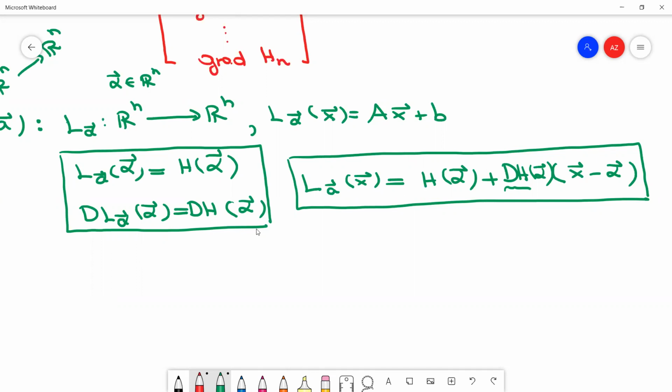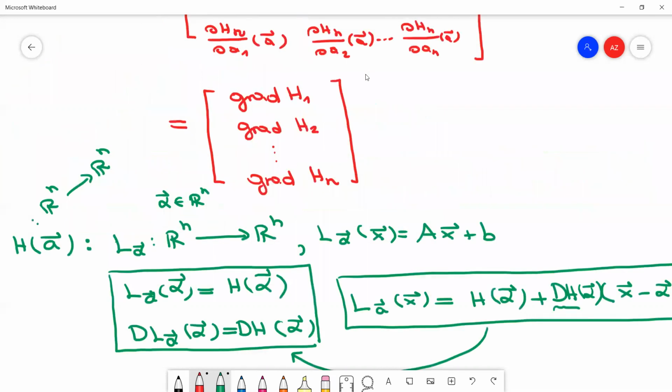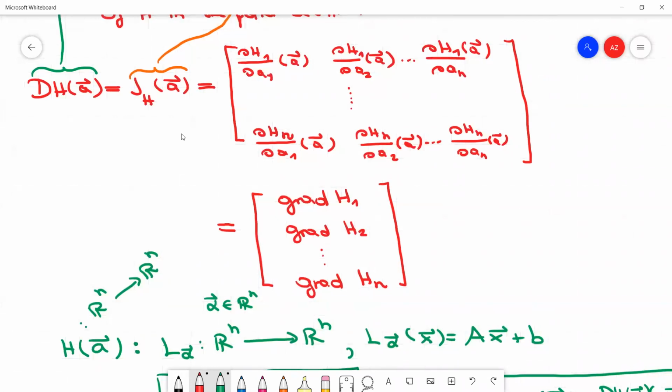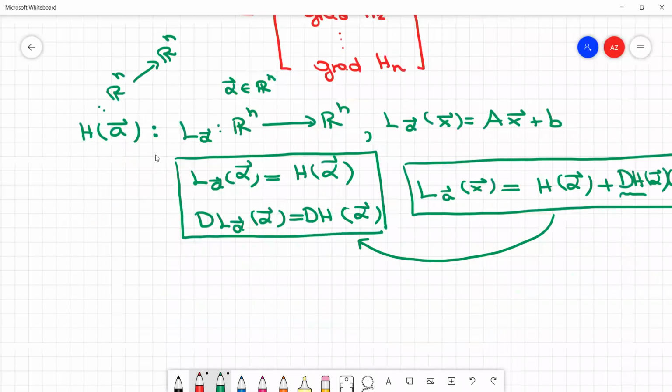And these conditions are really satisfied by construction. You can simply see that by the definition above, the Jacobian matrix is the matrix of gradients of the coordinate functions. And let's do this calculation.